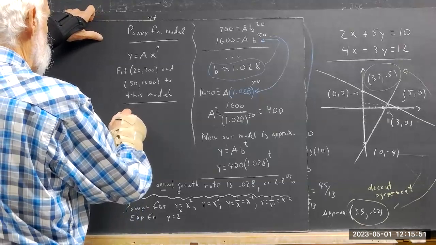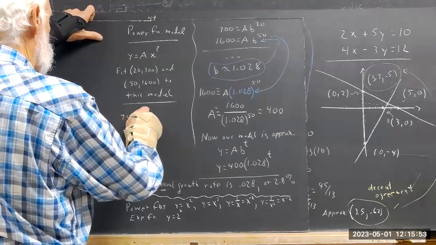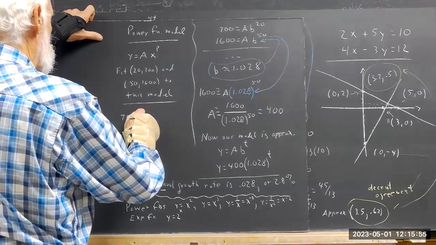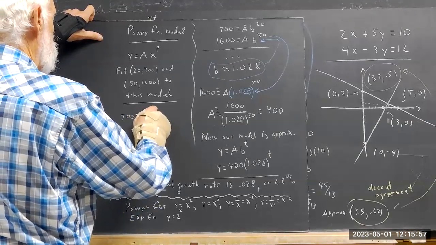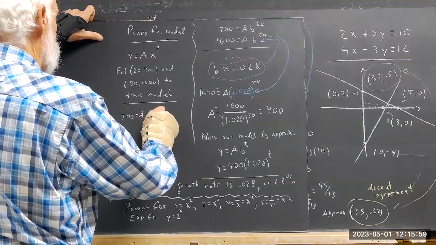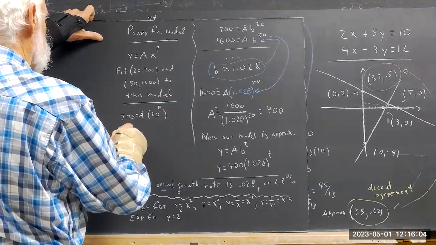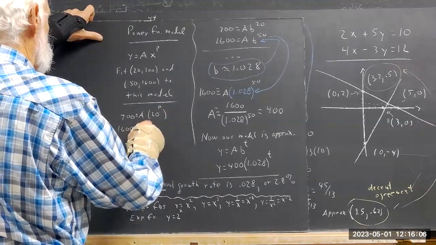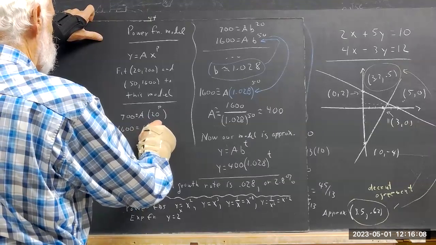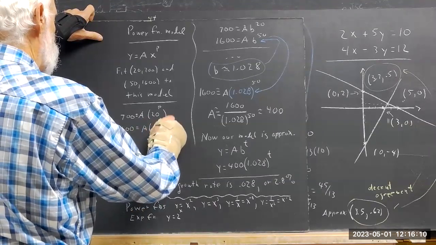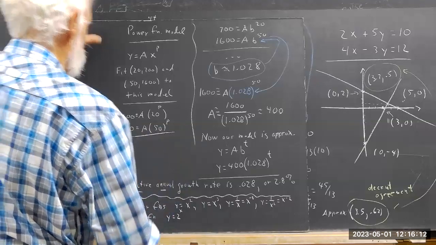We're going to get 700 equals a times 20 to the p, and 1600 equals a times 50 to the p.